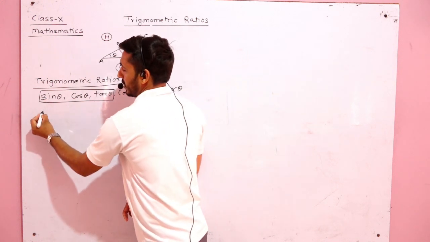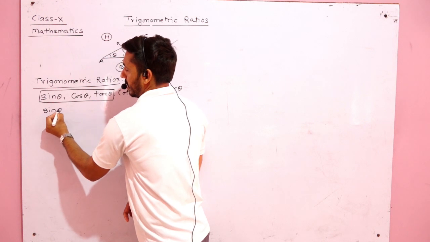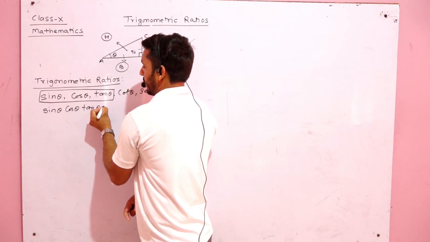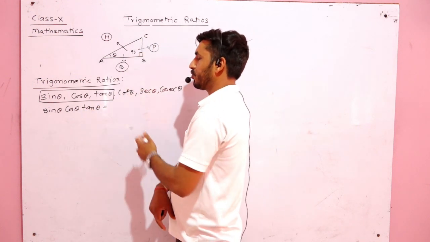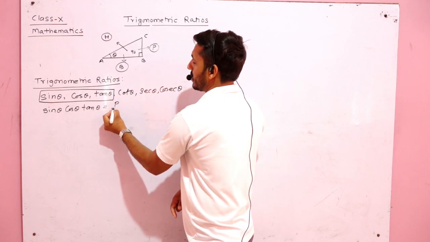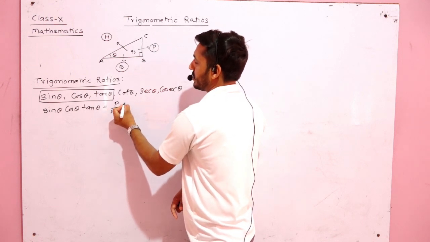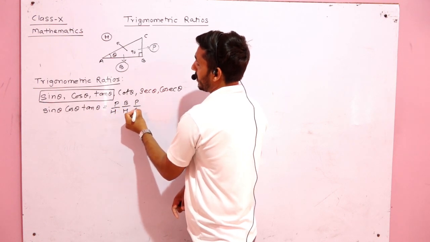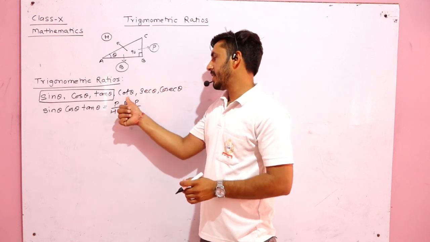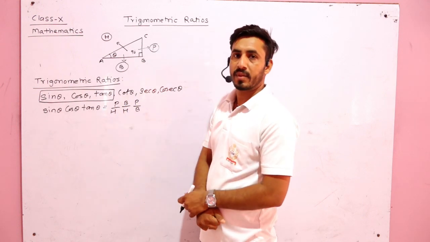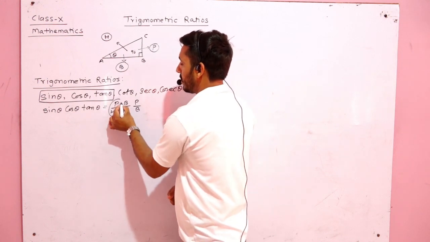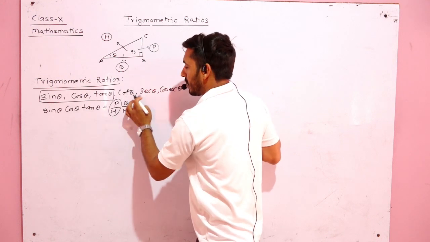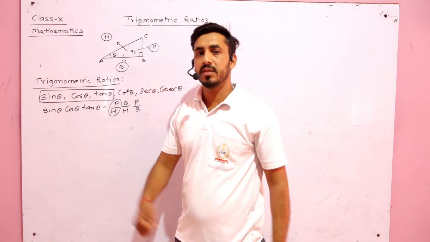We can write sin theta, cos theta and tan theta in terms of: first one is perpendicular P upon H, second one is base B upon H, and third one is perpendicular upon base, P upon B. The first will represent sin theta, second will represent cos theta, and third will represent tan theta.